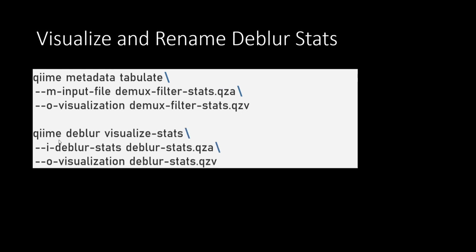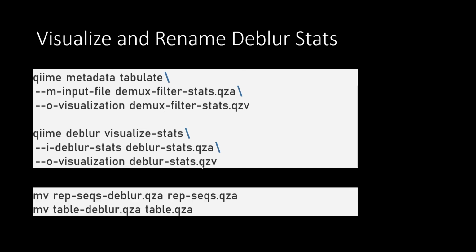And then we'll do a similar command. In this case, we're going to be looking at the visualizations of the Deblur stats, and I'll show you what those are in a little bit. And then finally, we're going to use this command move. And essentially, what move is doing is we're going to rename the file names.